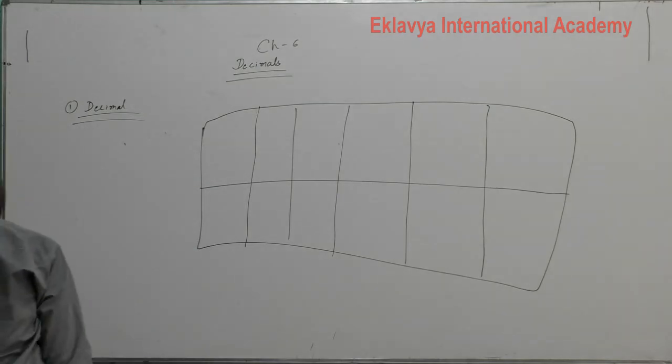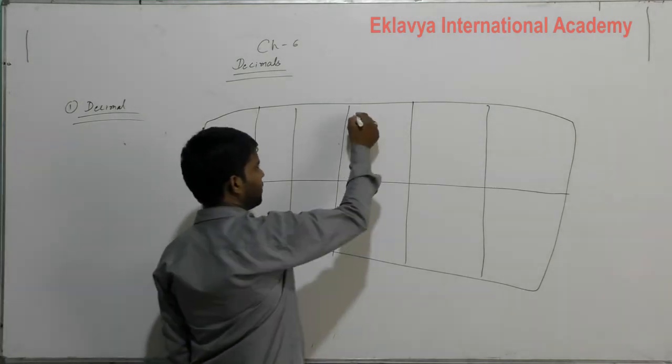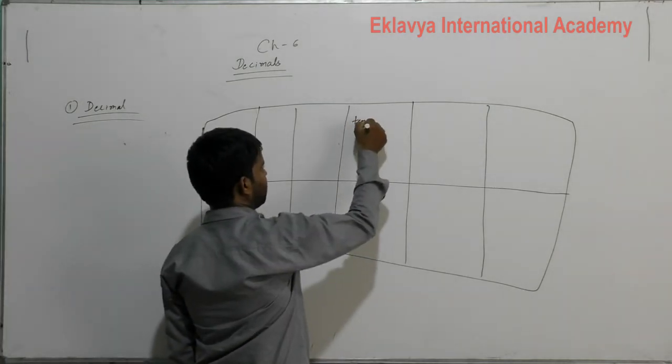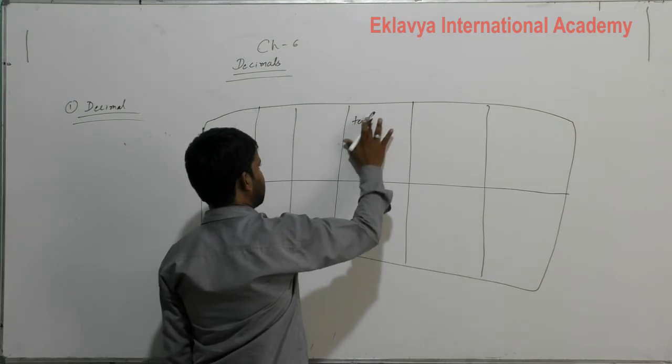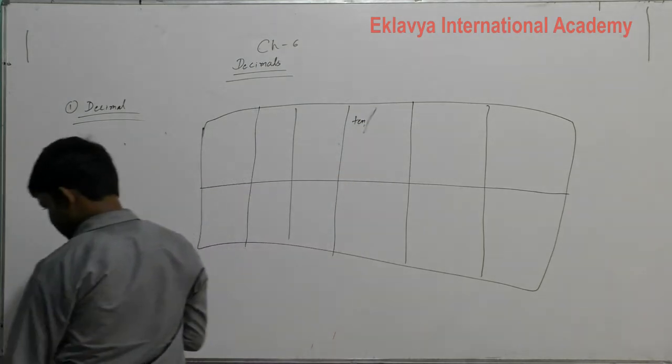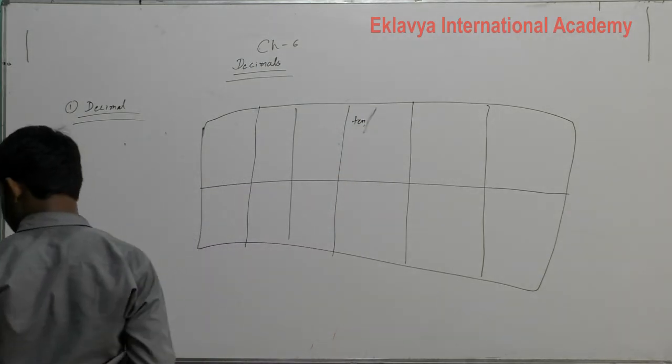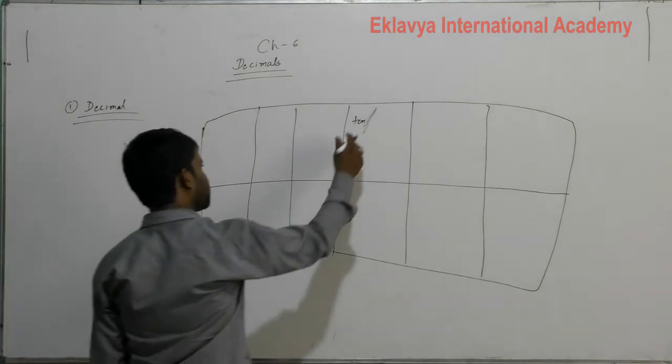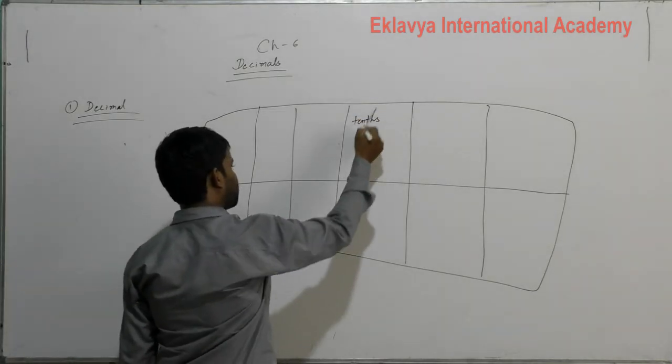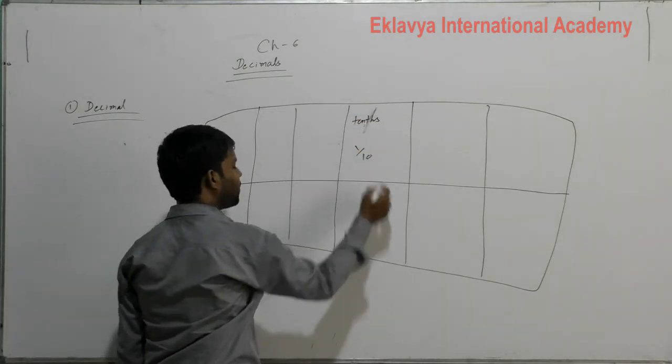First we write tenths, it means 1 upon 10.